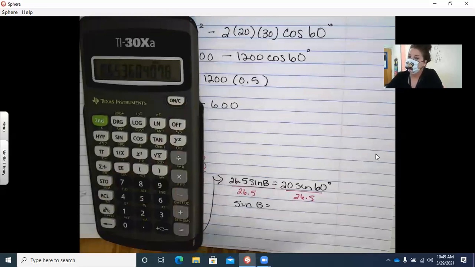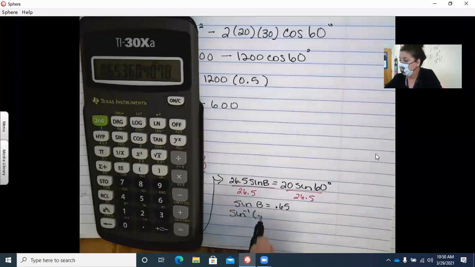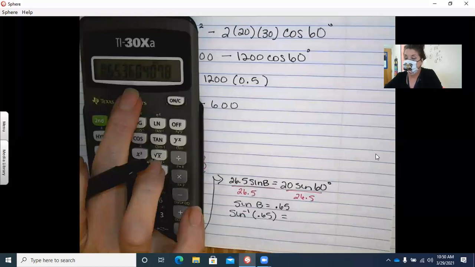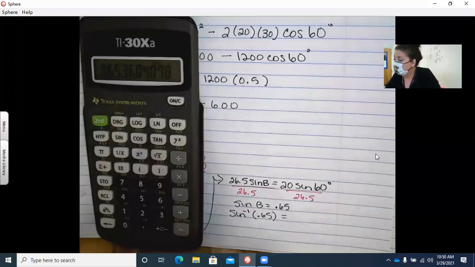Now, is that the angle measure, 0.65? No. That's telling you what the sine is, whatever the angle is. So if I want to find the angle, what do I do? Inverse, right? So sine inverse of 0.65 equals what? I'm going to leave the non-rounded version in my calculator and then just do second sine, and I get approximately 40.8, or we could go with 41.